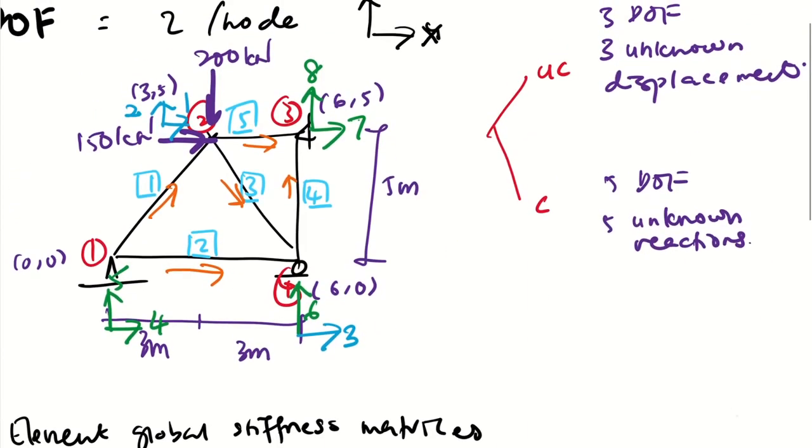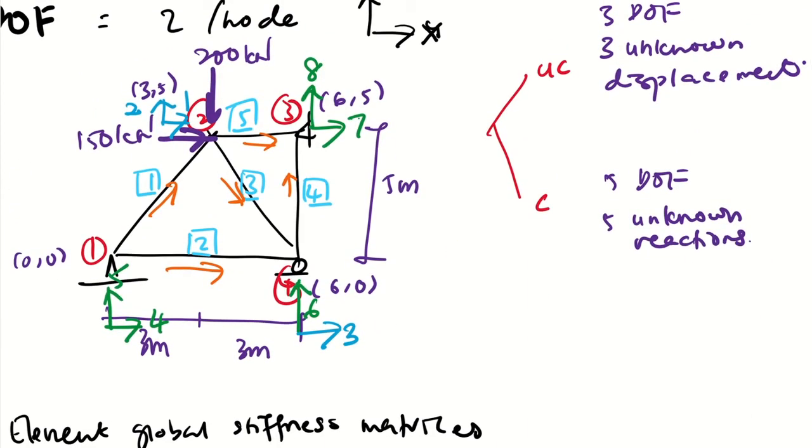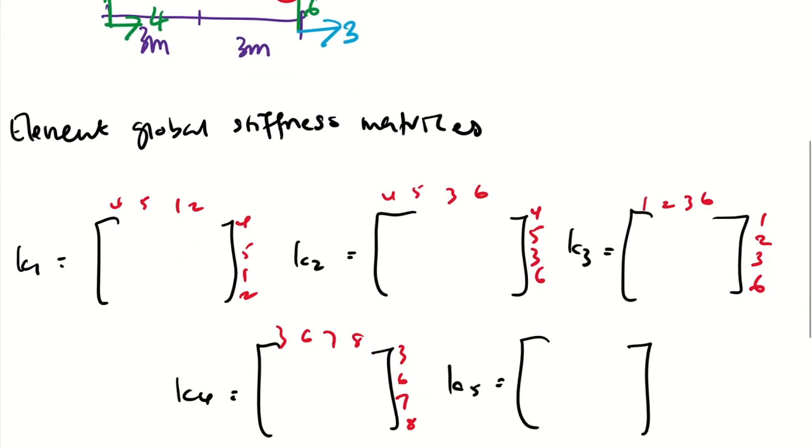And lastly, element number 5 is 1278. Okay, this is all the element global stiffness matrices.